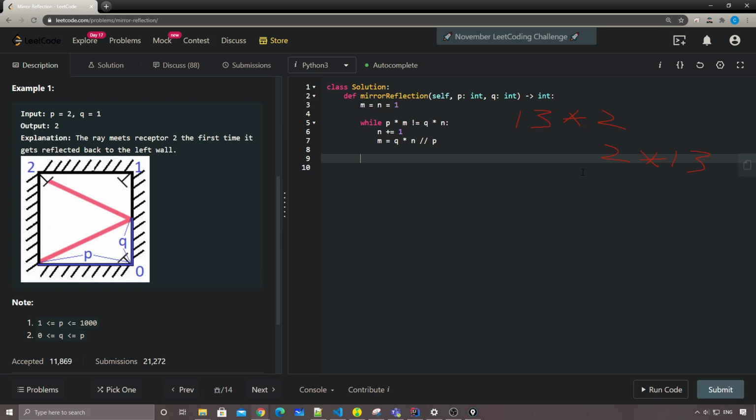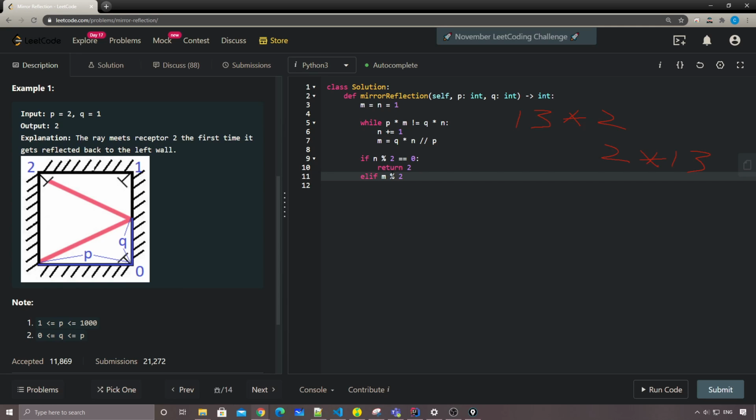And now once we have m and n here, we can simply check. Basically, the first thing, if n is even, we return 2, this receptor. Else if n is odd, then we check if m is even or not.